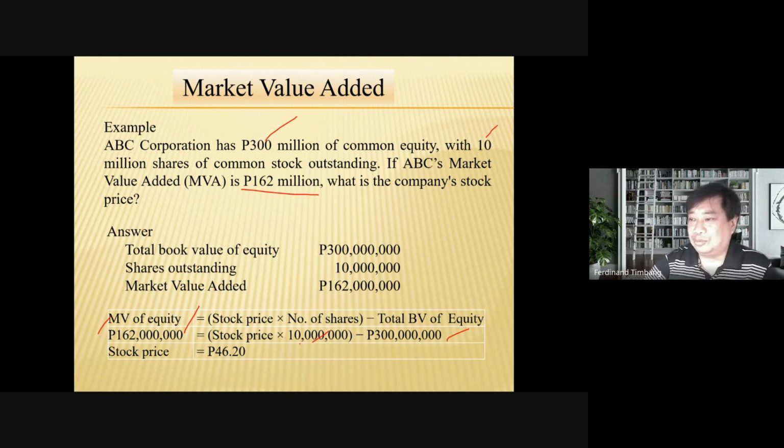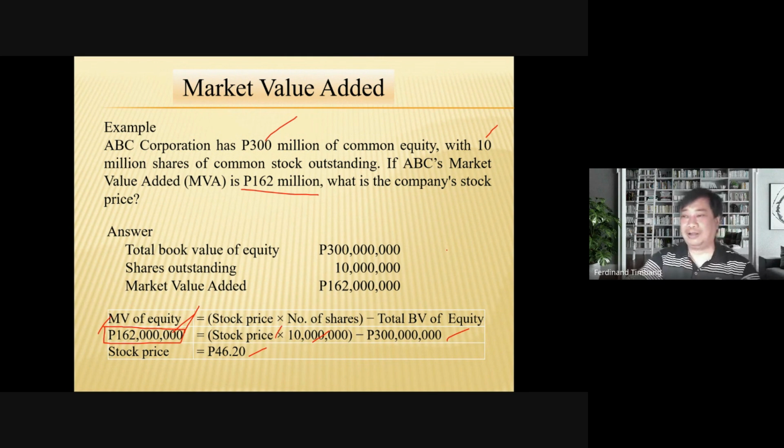So all we have to do is of course, transfer lang naman natin yung 162,000 doon. No? Tapos, para makuha lang natin yung stock price. So, 46.20 lumalabas. No? But actually, dito sa problem na to binigay sa atin yung market value. Dapat ito yung nahanap natin. Dito sa problem lang na to, no? Binigay sa atin yung market value, hinahanap natin yung stock price.